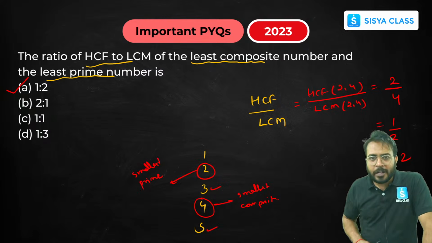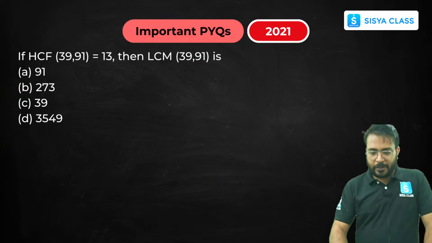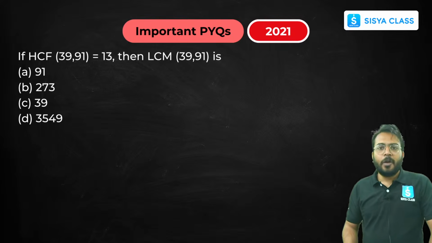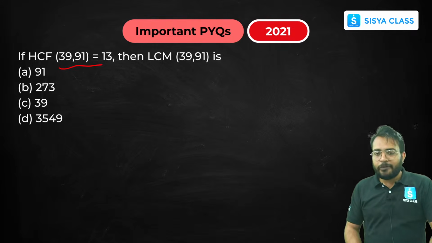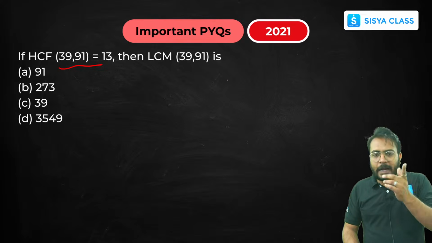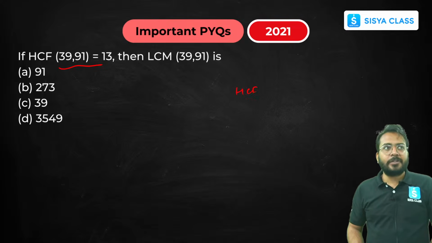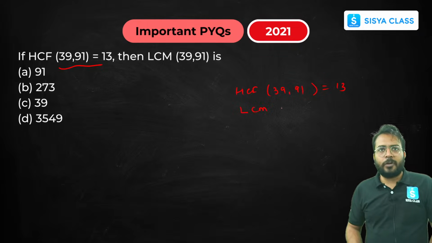Are you all getting my point? Right? Yeah, fine. Okay, one more question. They have given the HCF of 13, 39 and 91. They have given that the HCF of 39 and 91 is 13, and we need to find their LCM.